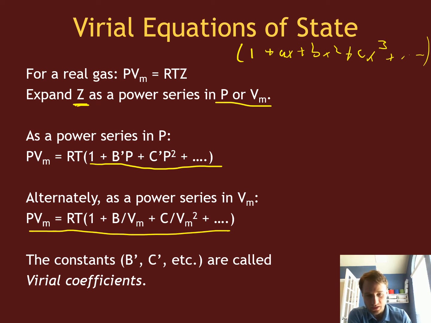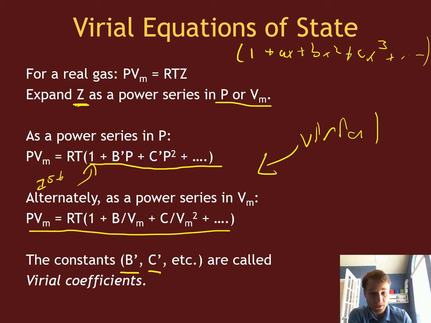Now, these equations of state are called the virial equations of state for a gas. B primes and C primes and B's and C's and so on are called our virial coefficients. Note that this is the first virial coefficient, and it's always equal to 1.